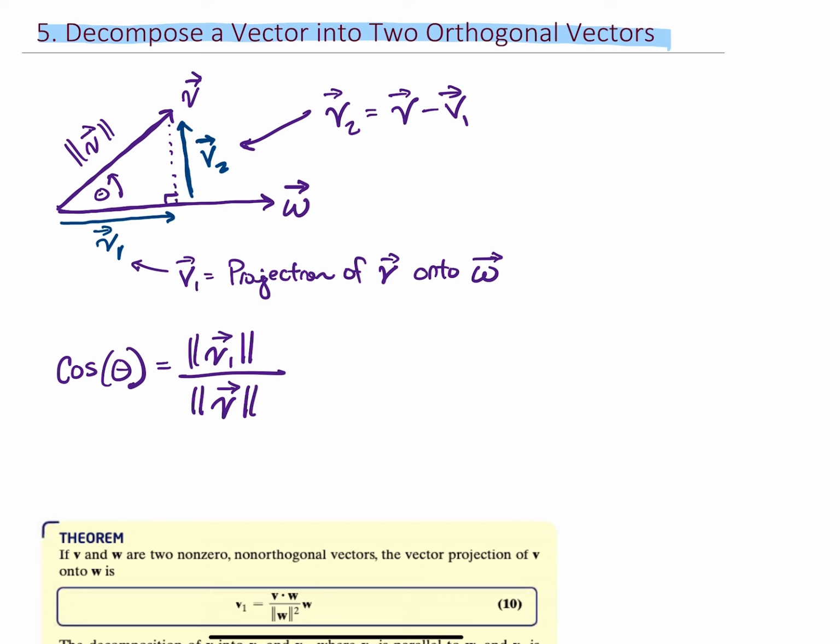But we also know that the cosine of the angle between two vectors is the dot product of the two, so v dot w divided by the magnitude of v times the magnitude of w.